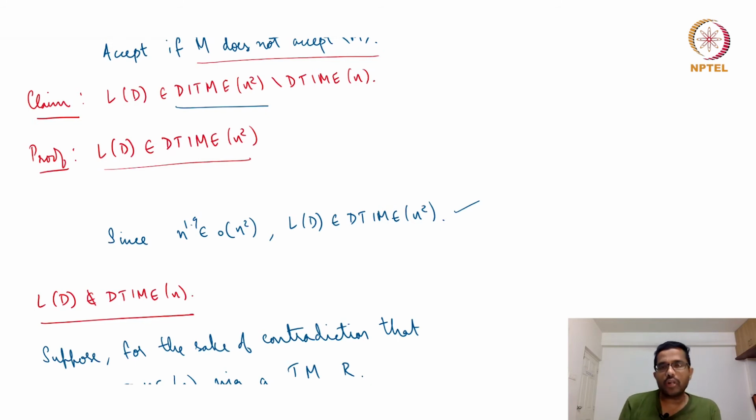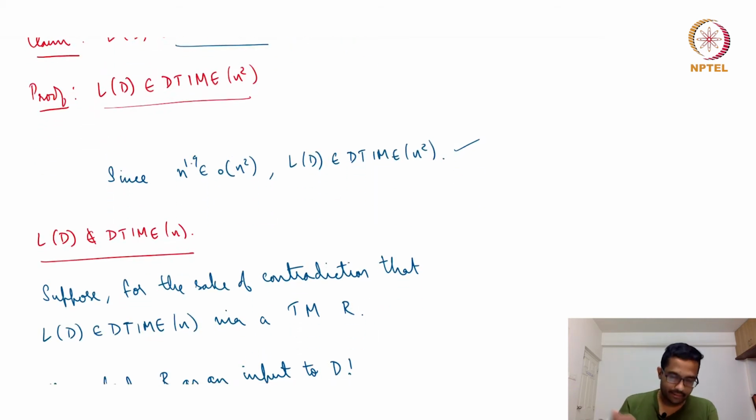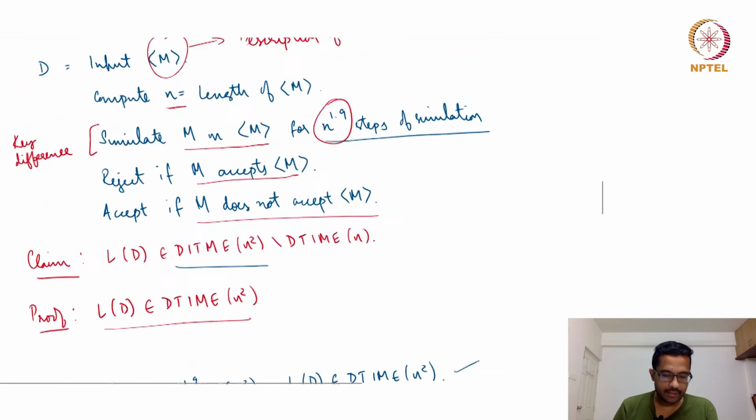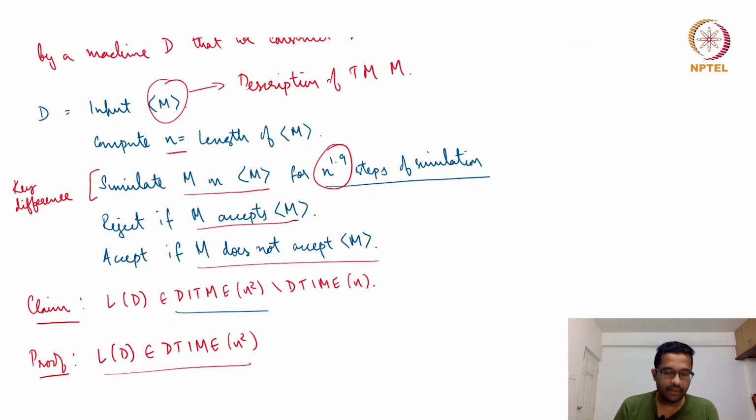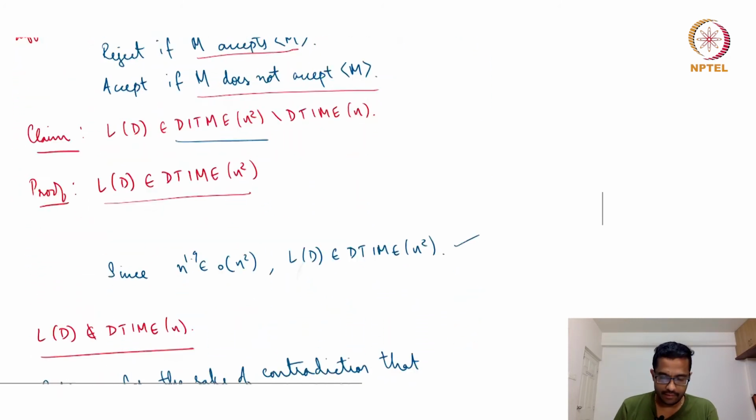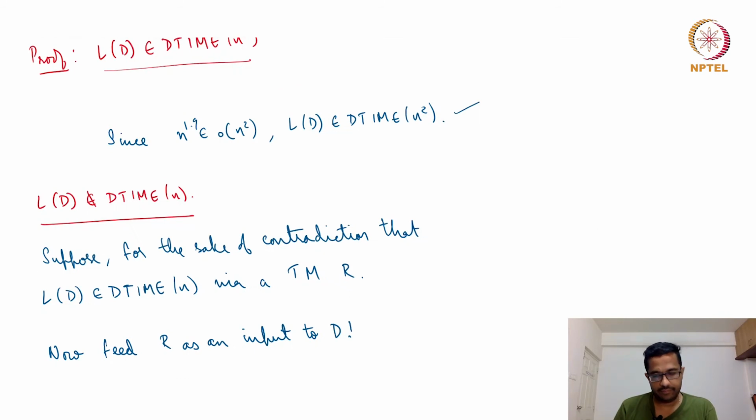Why is it not contained in DTIME(n)? Just like earlier we proved it by diagonalization, we'll use diagonalization to show that the language recognized by this Turing machine D cannot be decided in time n. Let's see why.